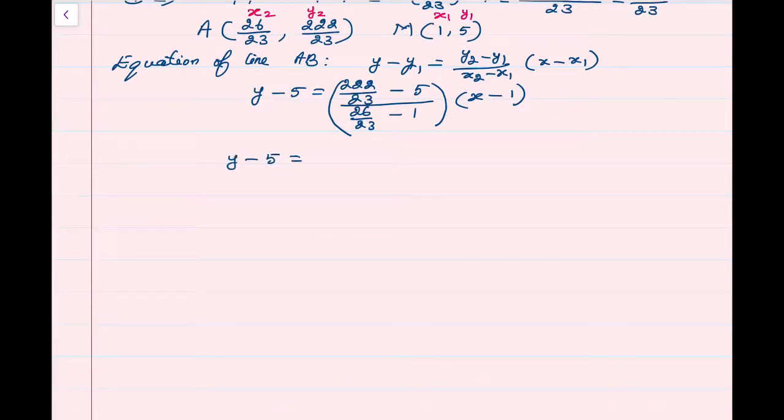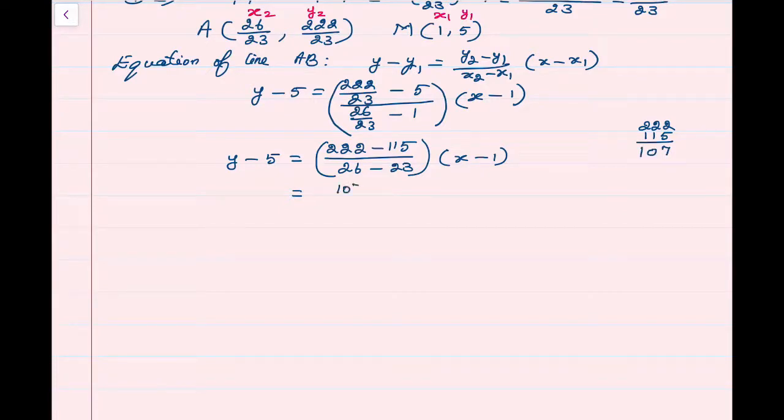Y minus 5 is equal to, we will take LCM 23, 5 times 23 is 115, divided by 26 minus 23. 23 LCM will get cancelled, times (x minus 1). 222 minus 115 is 107, divided by 3 times (x minus 1).